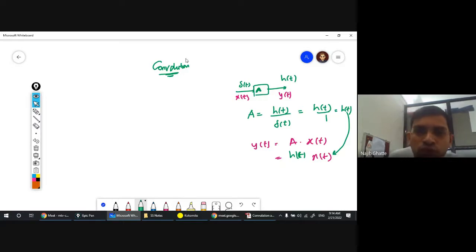That is the meaning of convolution. That's what we have studied so far, and we have seen certain examples based on that.